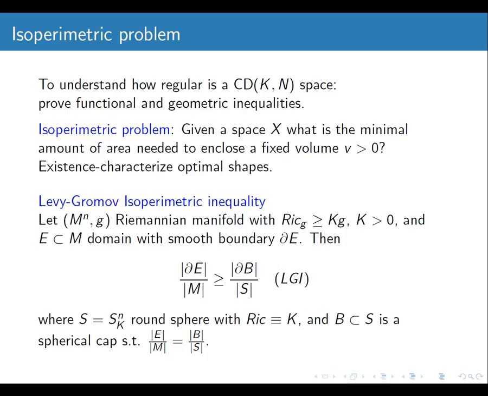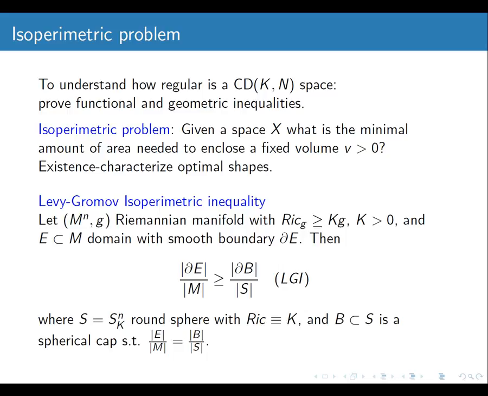If you have a manifold of dimension n and a lower bound on the Ricci curvature with positive K, and you take a domain, here we are assuming E to be a closed bounded set with a smooth boundary. Then the Levy-Gromov isoperimetric inequality states that the measure of the perimeter of the set E is larger than the measure of the perimeter of B. What is B?